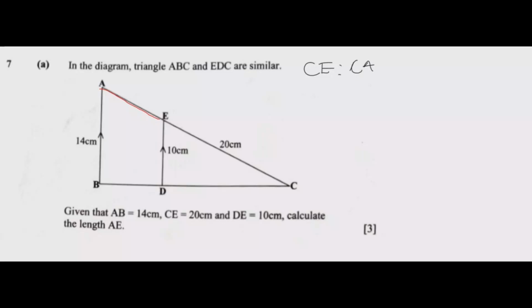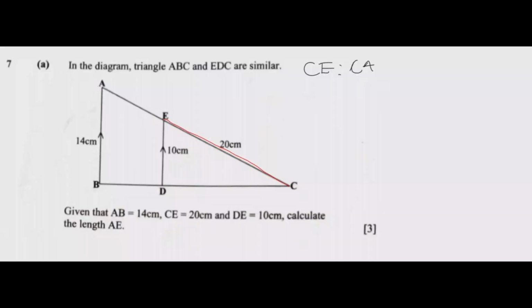When we talk about CE, we are talking about this line from here up to here, excluding the one I drew. This line CE is proportional to CA. When we talk about CA, we are talking about this entire line. So CE to CA is the ratio of the same side.